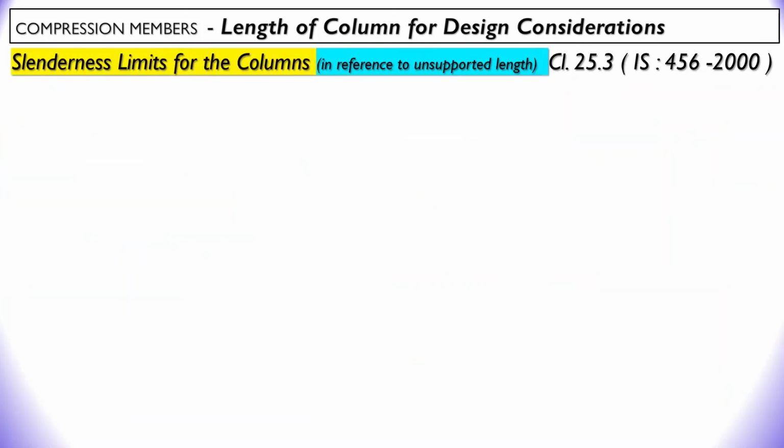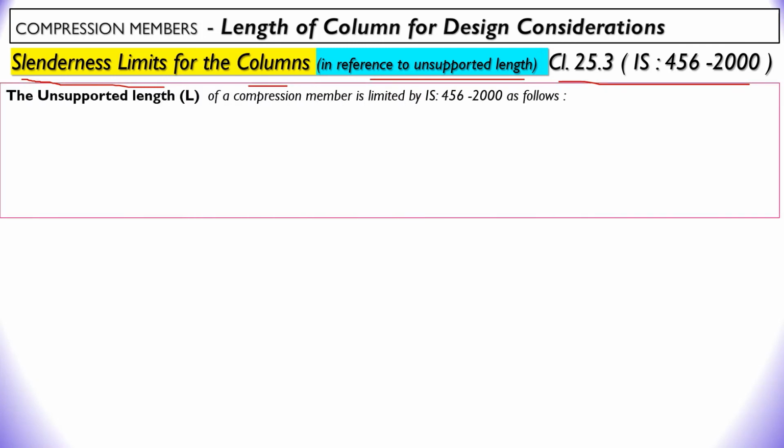Now what is the code suggesting? Code is suggesting some limits, and that is known as slenderness limit. Now it is not slenderness ratio, it is the slenderness limit per column when we are talking about the unsupported length of the column. For more detail, you can refer to clause number 25.3. So the unsupported length of a compression member is limited by IS 456.